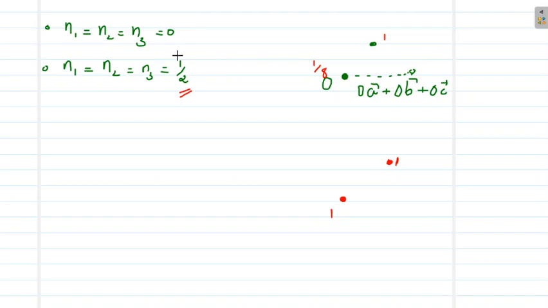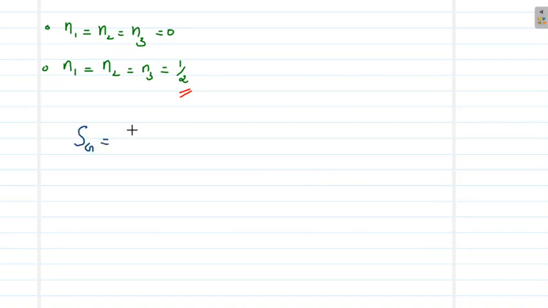Now let us calculate the structure factor with this concept. So we have S_G equal to summation over j of f_j into e raised to minus i (H n1 plus K n2 plus L n3).